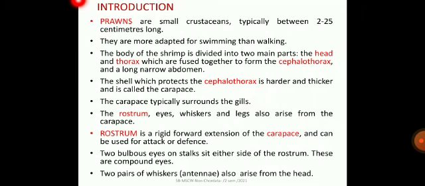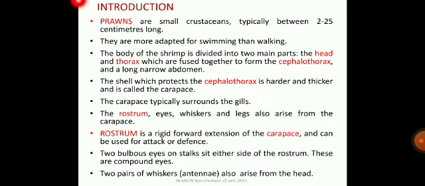The shell which protects the cephalothorax is harder and thicker and is called the carapace, and it is also known as dorsal shield. The carapace typically surrounds the gills, and there are structures like rostrum, eyes, whiskers and legs which arise from the carapace. So rostrum is a rigid forward extension of the carapace and can be used for attack or defense.